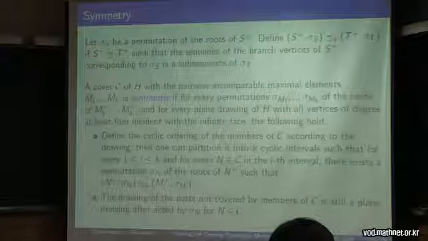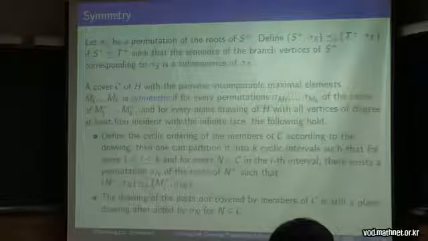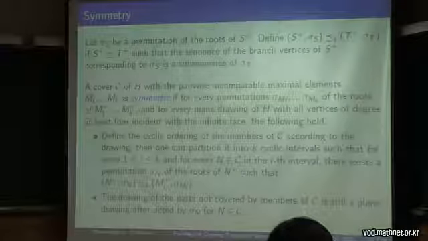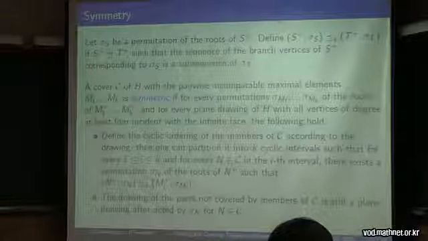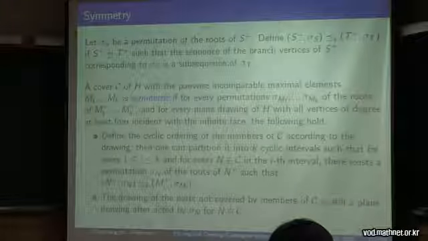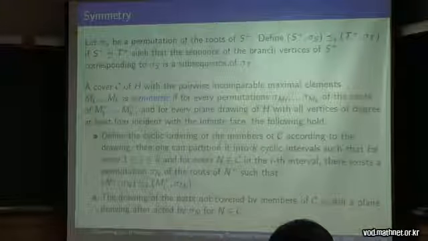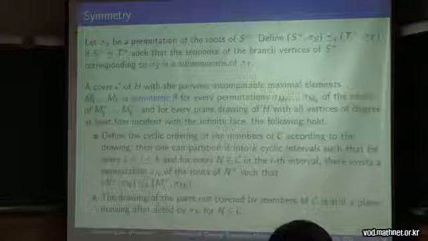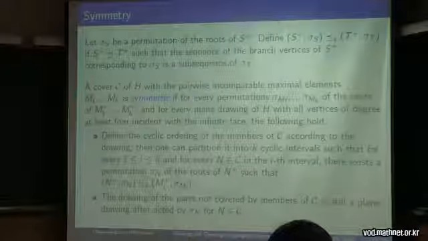Now I can draw the graph H into the plane such that all vertices of degree at least 4 are incident with the infinite face. And each member of the cover contains a vertex of degree at least 4, so it must touch the infinite face.